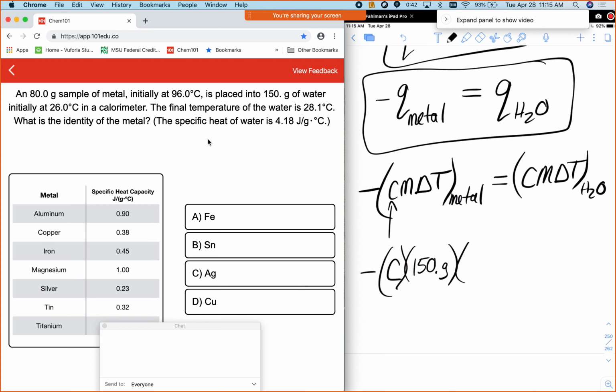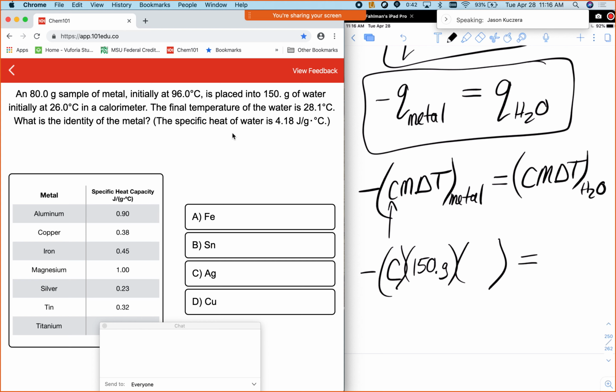And then delta T, what is the delta T for the metal? Any ideas? How do we figure that out? Would the final temperature be 96 minus 28.1?